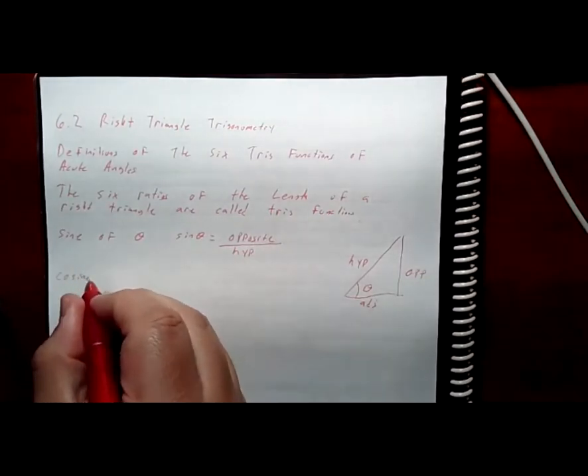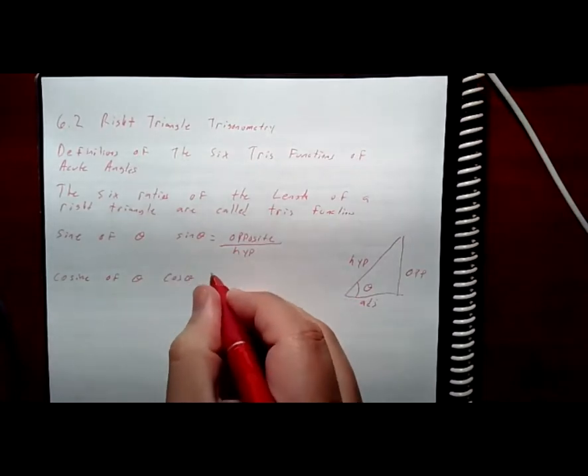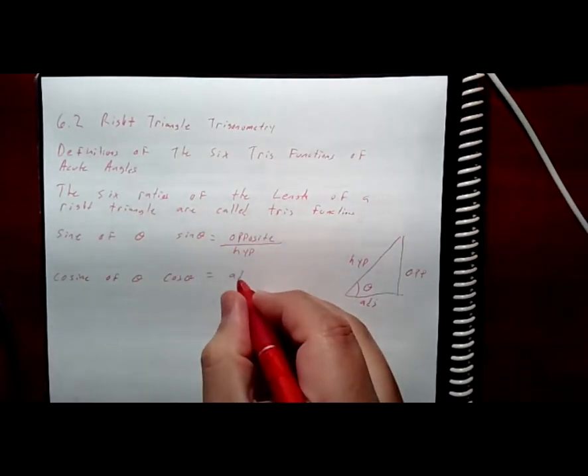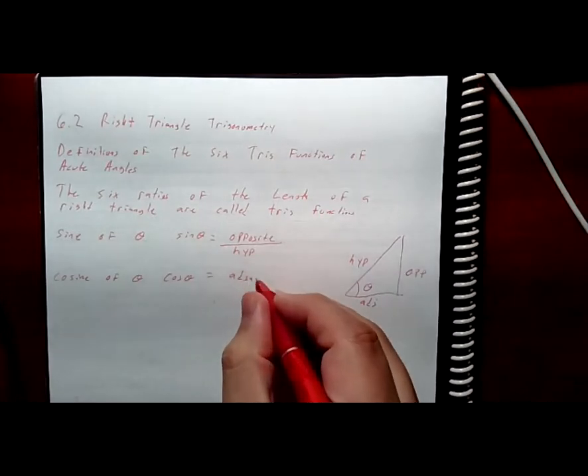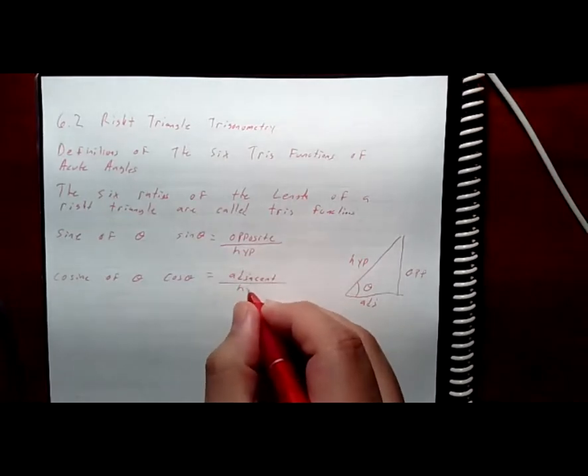Cosine of an angle theta, written this way, cos theta is equal to adjacent over hypotenuse.